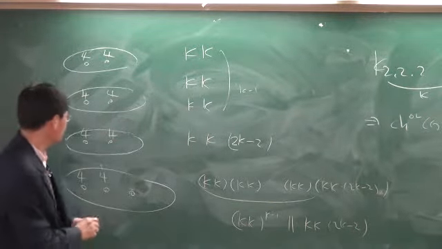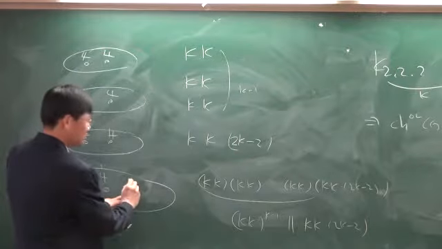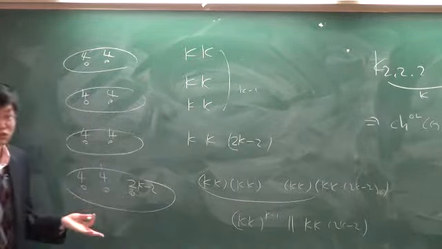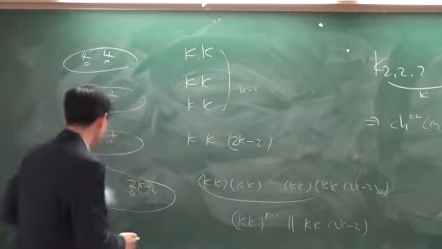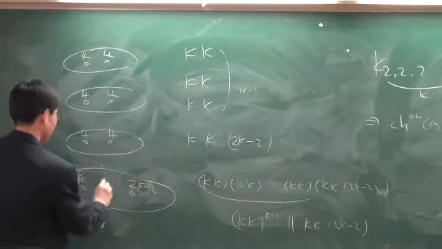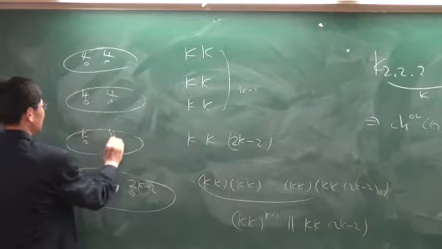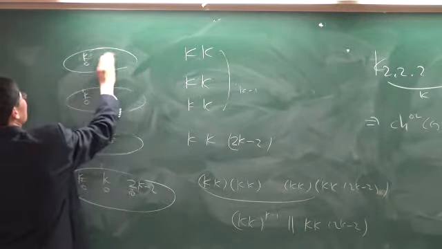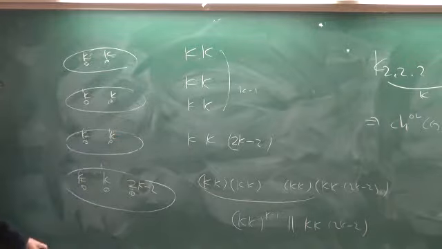So what it means is, if the last vertex has 2k minus 2 and the other vertices have k choices, in this case Bob is able to color.